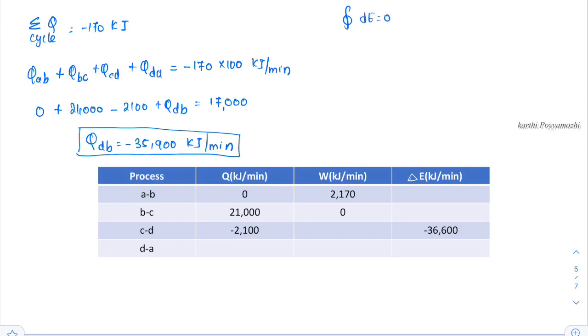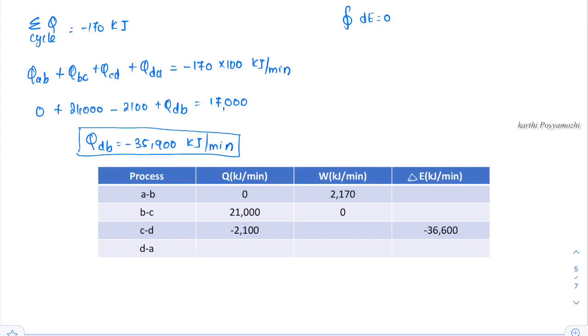Since change in internal energy is a property of a system, and according to mathematics the cyclic integral of any property will be equal to 0, we are using this equation to find the value of change in internal energy, del E of dA.